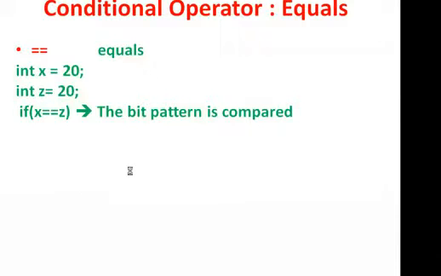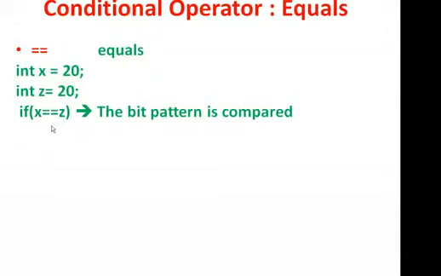Say I have declared int x is equal to 20 here and int z is equal to 20, and I'm using equals operator here. So this will compare the bit pattern that is there in the x and compare the bit pattern that is there in the z, and then it gives the result as true.